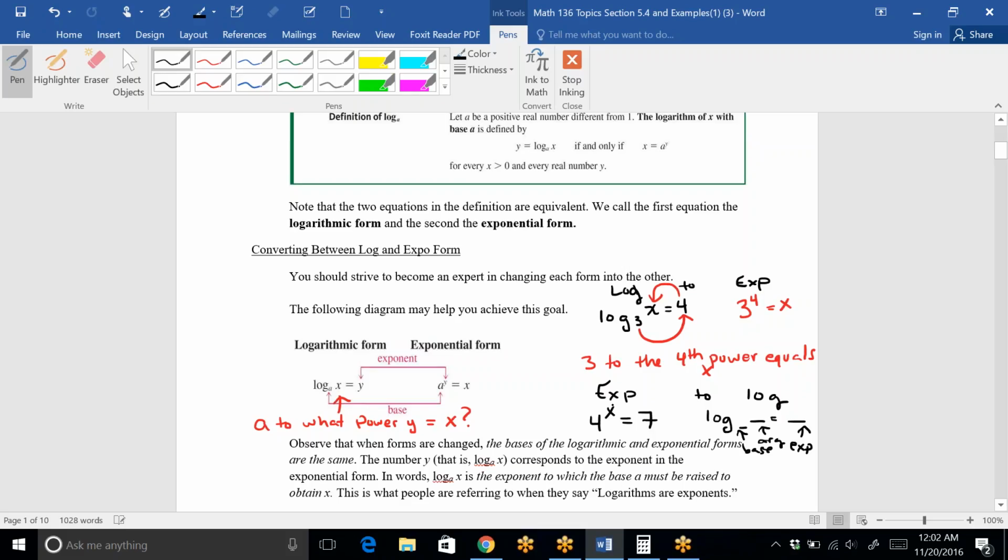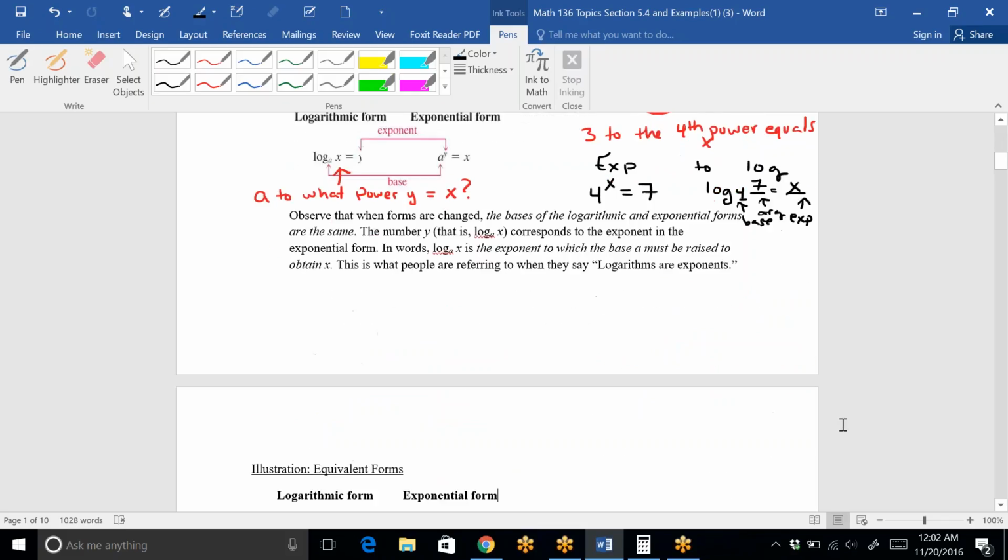So the base that has the exponent on it is a 4. The exponent goes on the other side, which is x, and the answer to that original was 7. The reason we would change here is because if we want to know 4 to what power equals 7, we change it to a log, and we're going to teach you how to calculate this on your calculator, because your calculator only does base 10 for log, but we will show you a way around that. So eventually you could actually solve that.